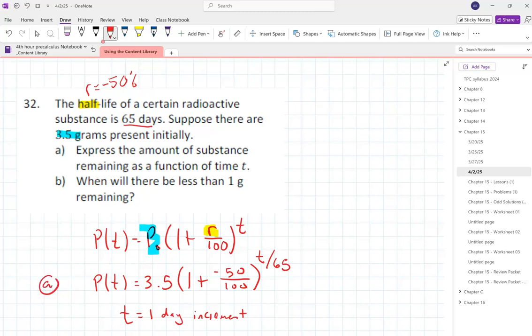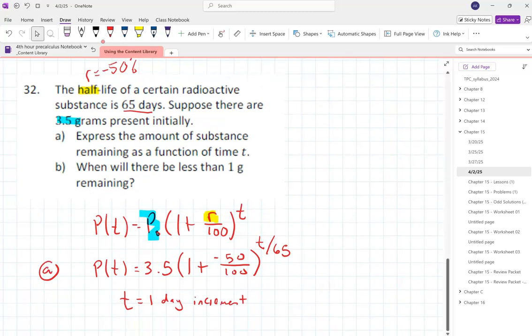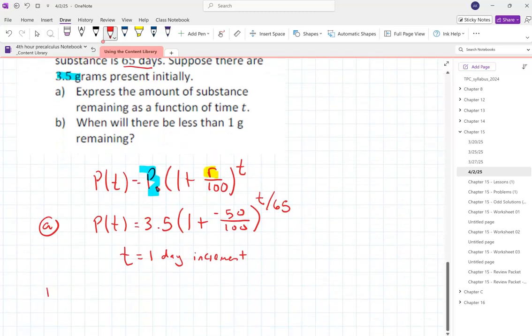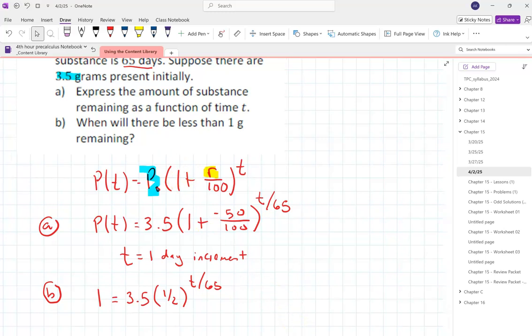So that's my answer for A. And part B says, when will there be less than 1 gram remaining? So I'm just going to set up that equation and solve that with my calculator.